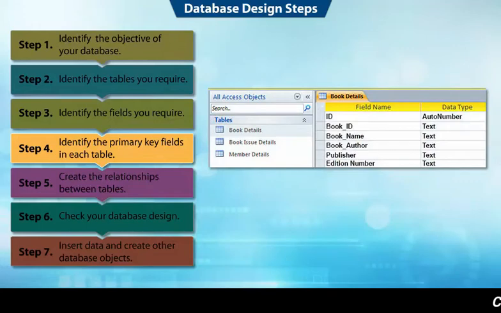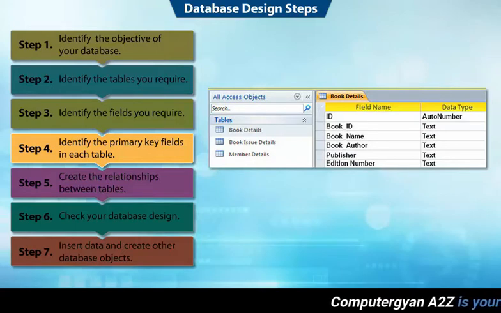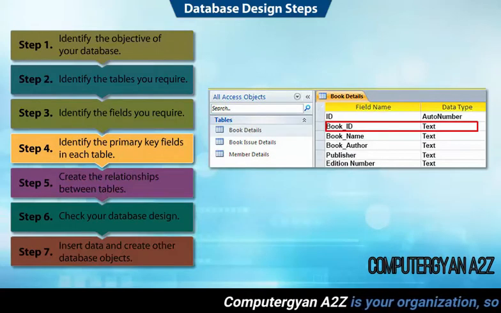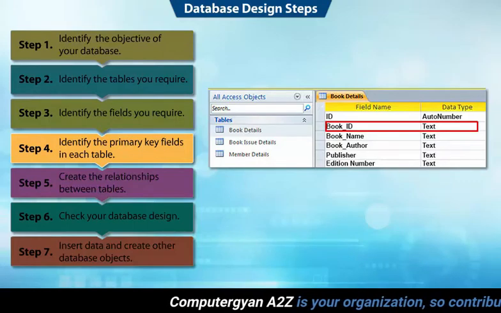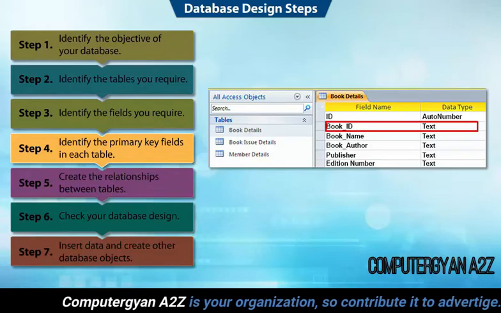This field cannot be left blank and cannot have duplicate values in the table. For example, in a book details table, book ID can be the primary key. In this case, each book would be assigned a unique ID.